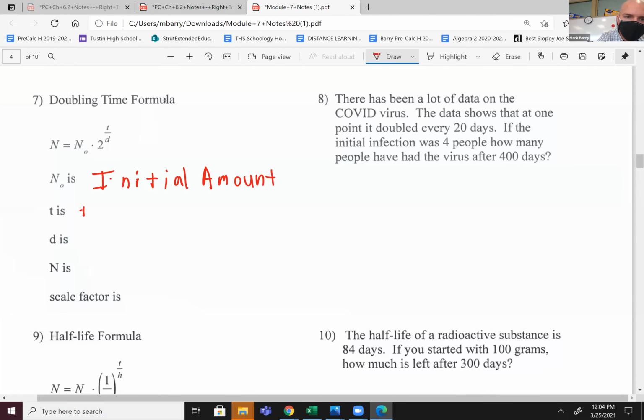T is time. D is doubling time, so it's how long it takes to double. And then the N out front is the final amount.